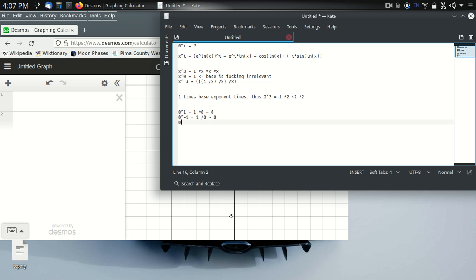Now, 0 to the i is basically the same sort of thing. We can just change the dimension that we're considering to be i, the imaginary dimension, and we're changing which dimension we're considering to be the real dimension, which is something you can totally do. It's totally random. And now, it should just be the same as 0 to the first.